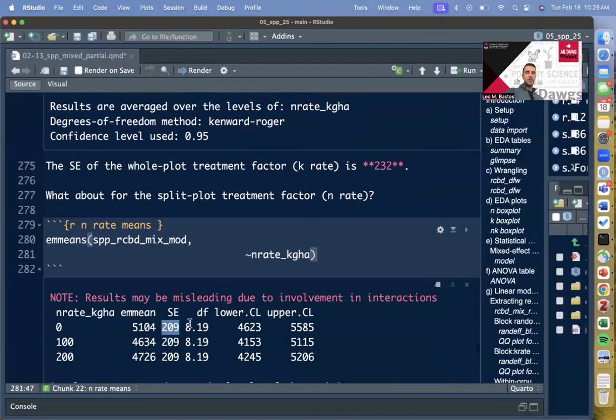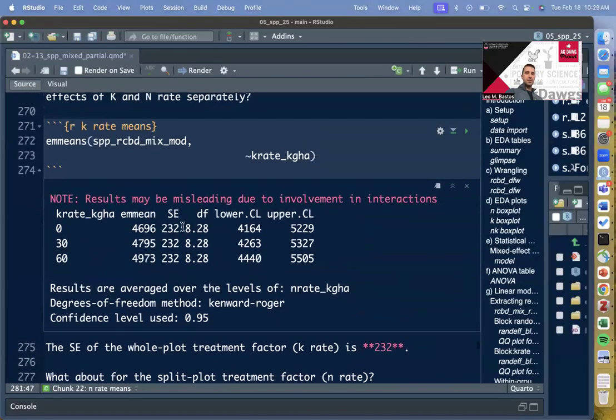For nitrogen, the standard error is 209, and for potassium it is 232. That is mostly because we have fewer degrees of freedom being used to calculate the error of the whole plot units than on the split plot units. So absolutely, whatever is the smallest structure you have in your model or design is going to be the one with the most degrees of freedom in the error, and therefore smaller errors and higher chances of finding differences in your treatments.